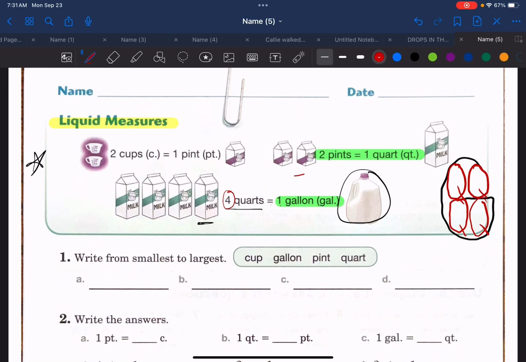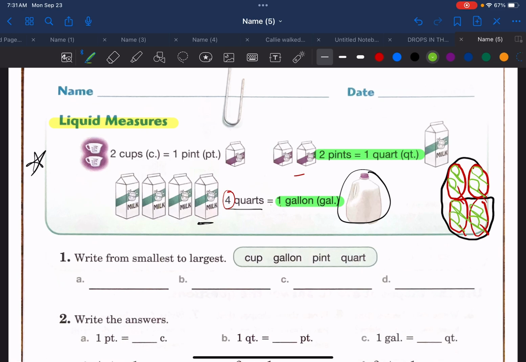So inside every Q, we're going to write a P, 2 P's, because there are 2 pints in each quart. So once again, I'm doing them as big as I possibly can, but still fitting them in there. So now if I were to try to figure out how many pints are in a gallon, I could count how many P's are inside the big G.